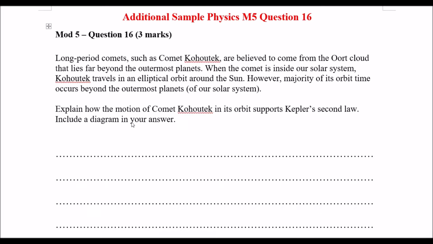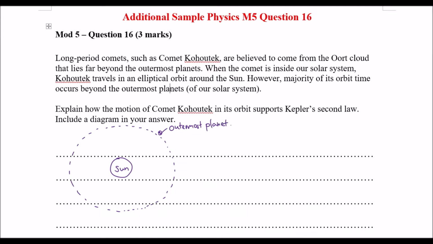So why don't we firstly show what this actual discussion point is. We have the sun in the center. Okay. We have the outer regions of our solar system. So this is where the outermost planet, let's say Neptune, is in. So this is the region of our outermost planet.